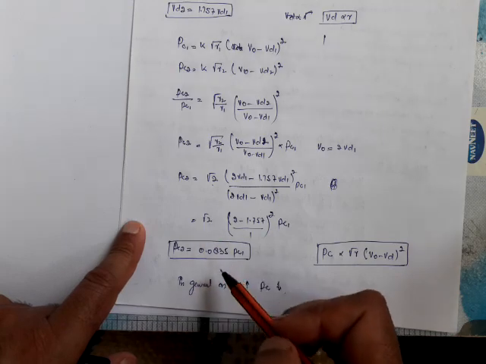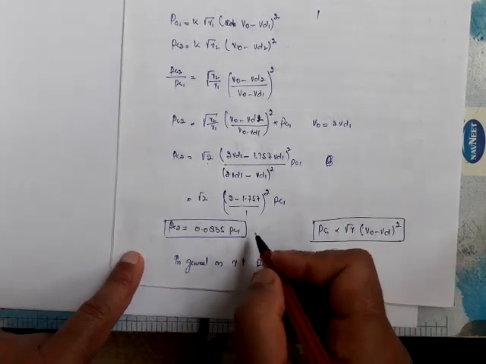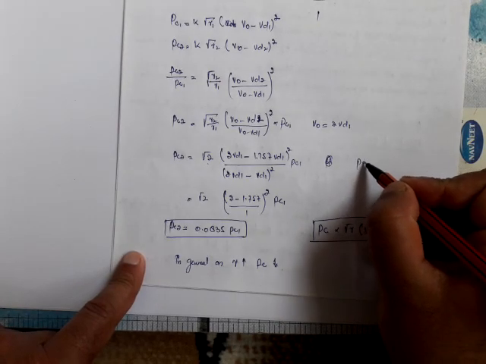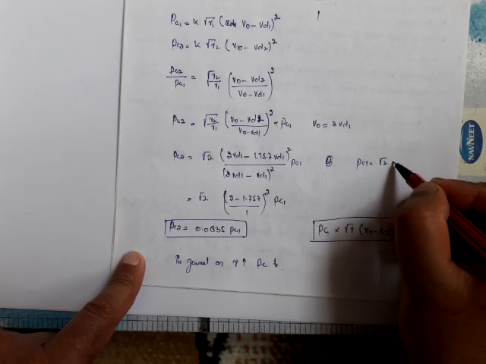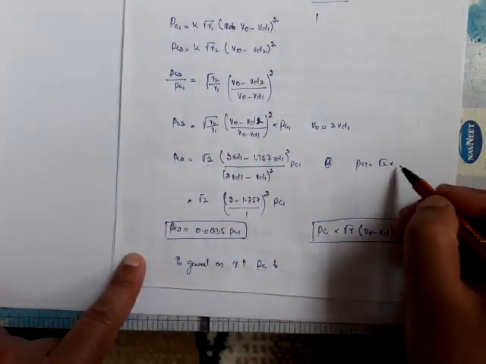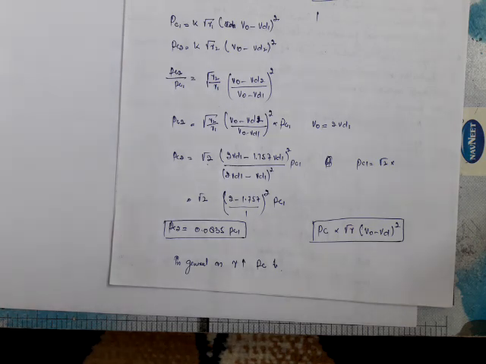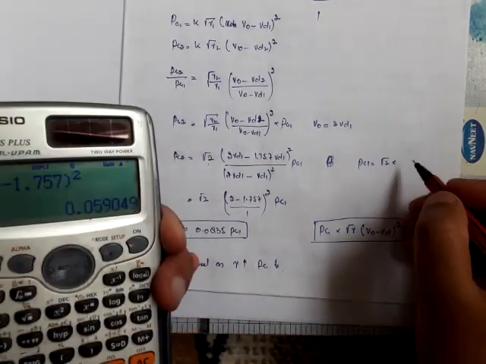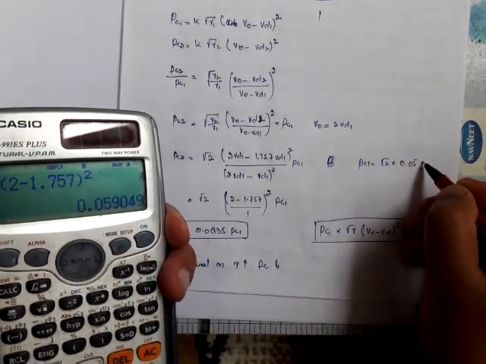You can see it here, I can write it down. Pc2 will be equal to Pc1 times root 2, that is the increase due to R2, multiplied by 0.059.